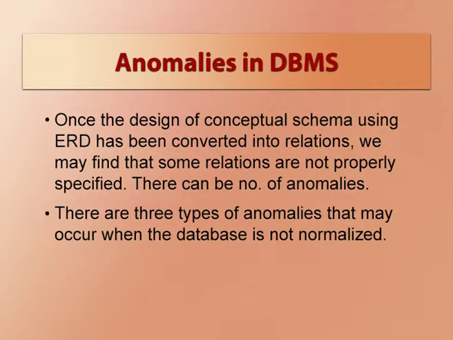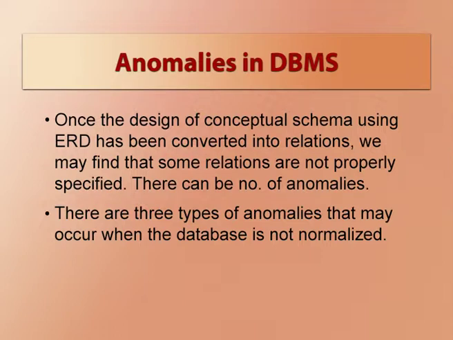Then let us see the anomalies in the database management system. Once the design of the conceptual schema using the entity relationship diagram has been converted into relations, we may find that some relations are not properly specified. There can be a number of anomalies. You designed the blueprint, the conceptual schema, using the entity relationship diagram.